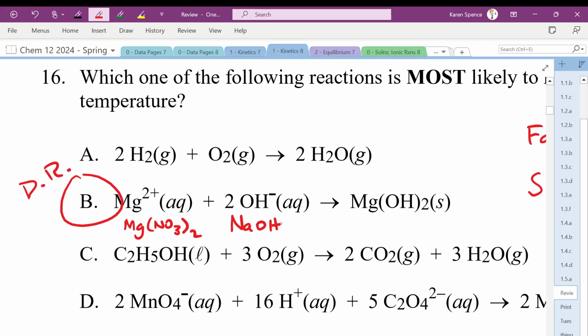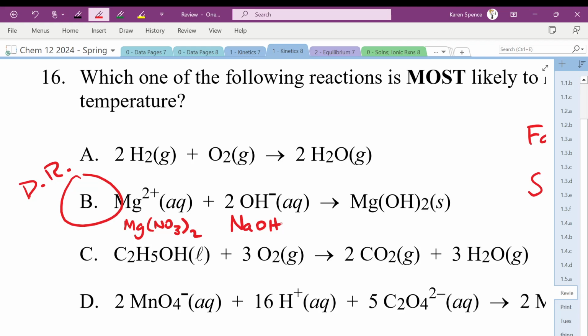Because neutral is stable, and having a bunch of positive charges around each other without a balancing negative charge is unstable. Because positive does what to positive? It repels. So if you were to walk into the back room and try and get a jar of Mg2+, you could not find it because if such a thing existed, it would explode.